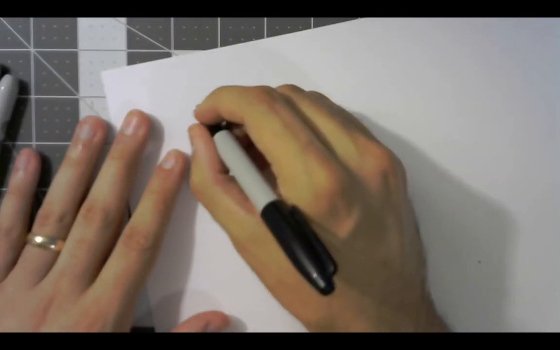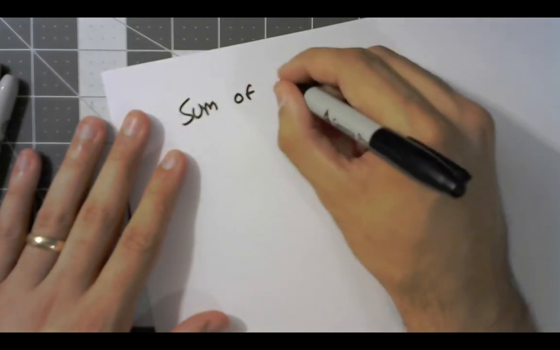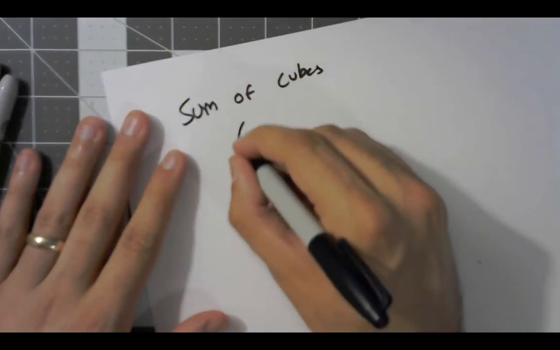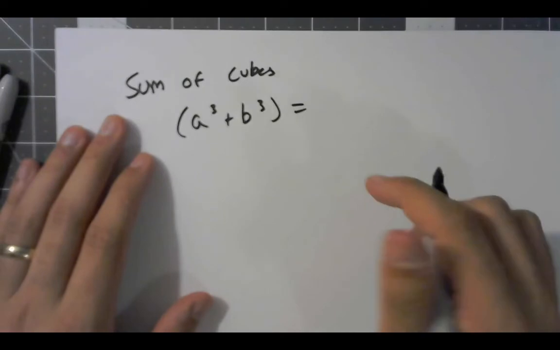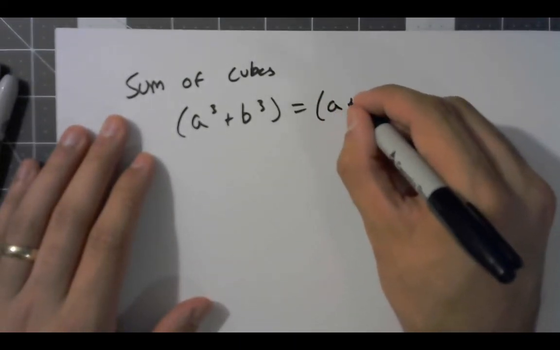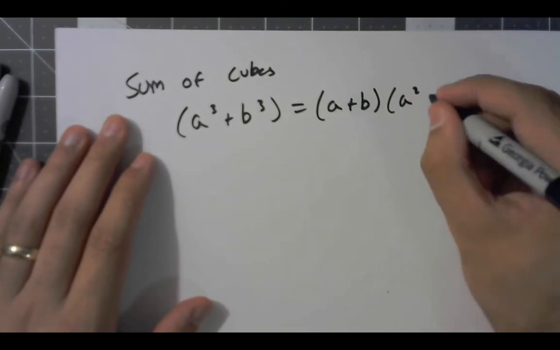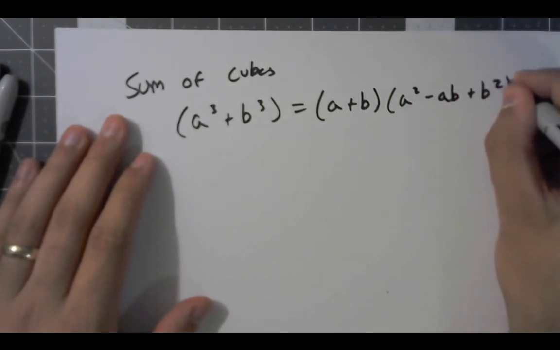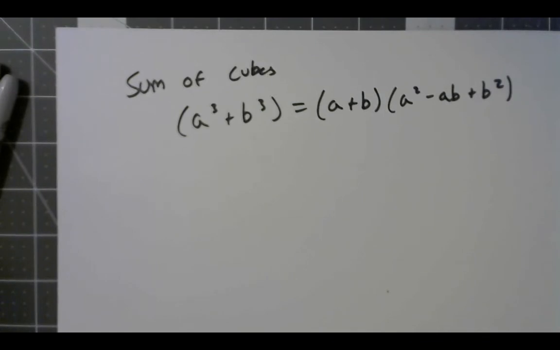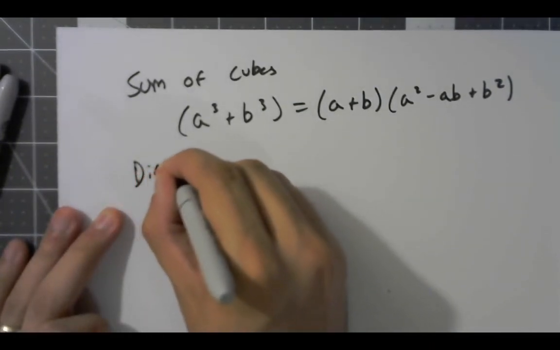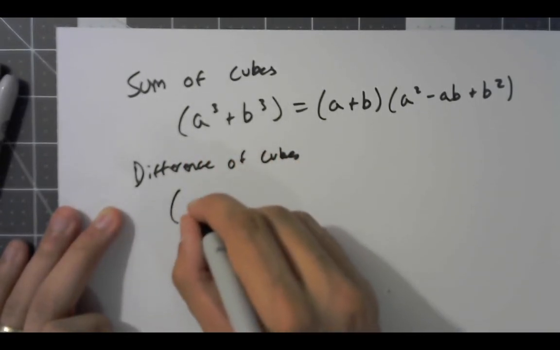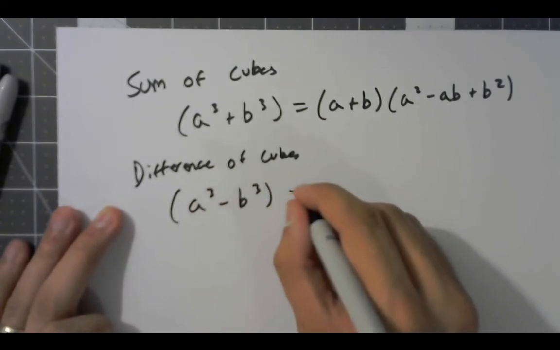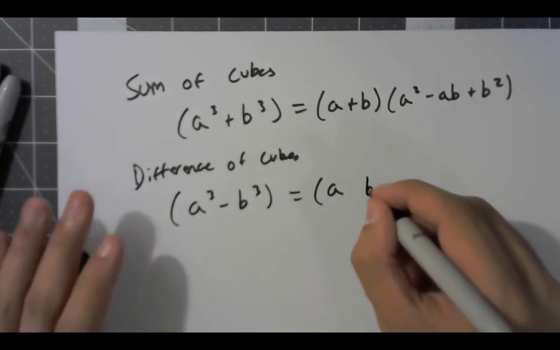Everybody's going to need to know a couple of these. You need sum of 2 cubes. A cubed plus b cubed is going to be a plus b, a squared minus ab plus b squared. The way we remembered this is for this and difference of 2 cubes, which would be cubed. I'm going to leave the signs out of it for a moment.